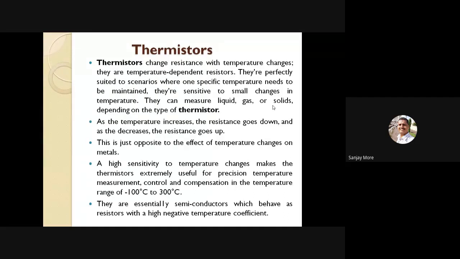They are temperature dependent resistors.